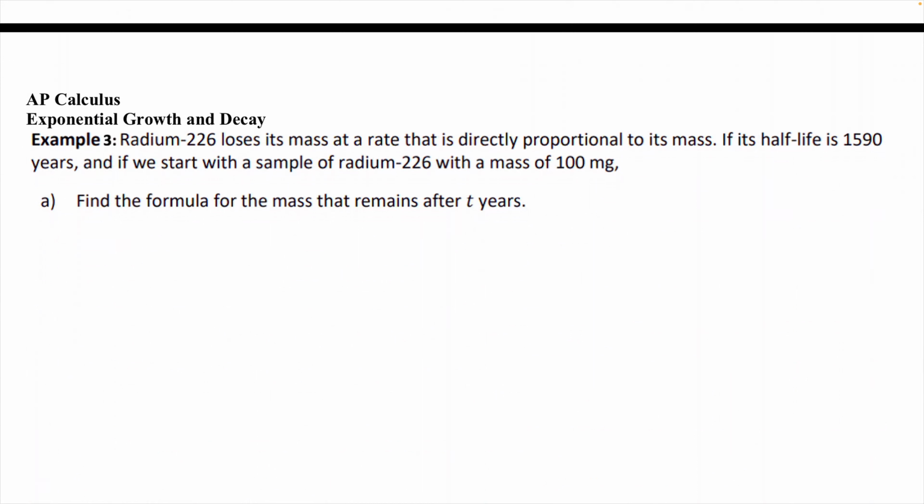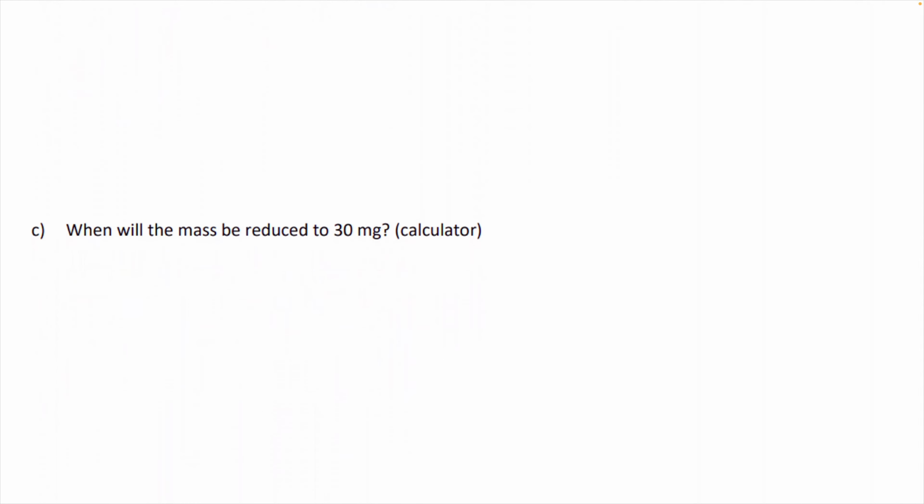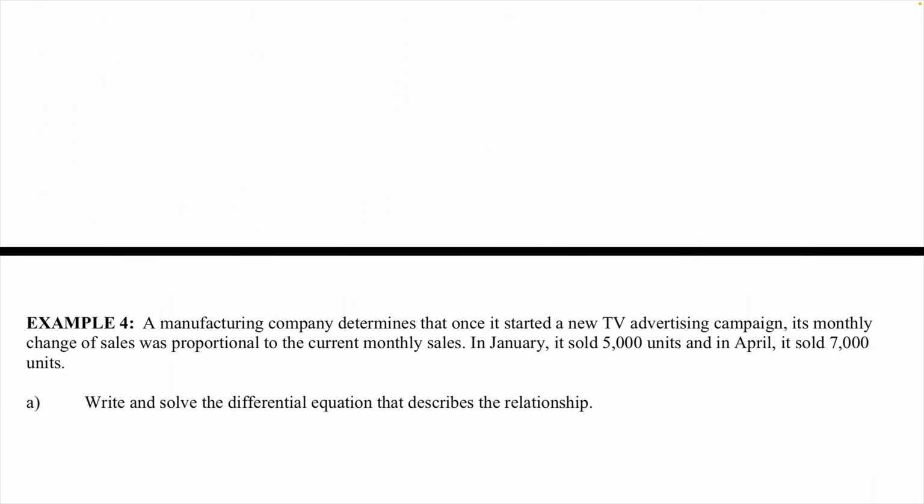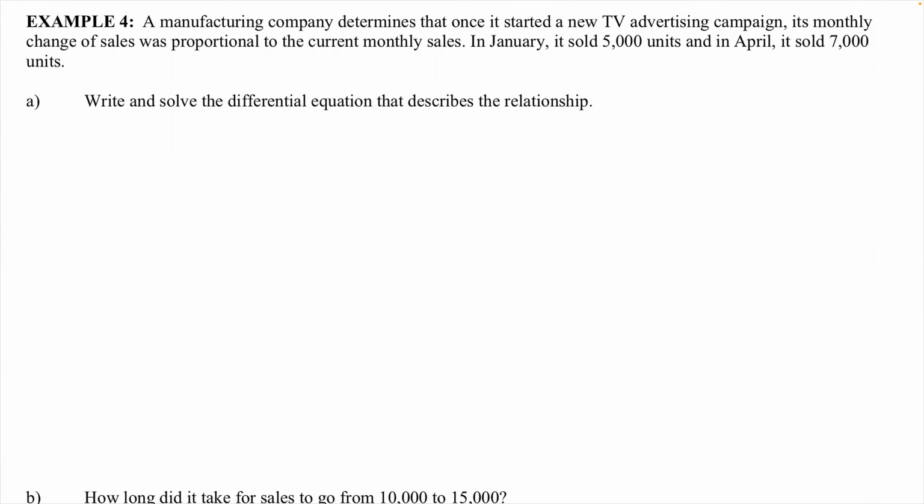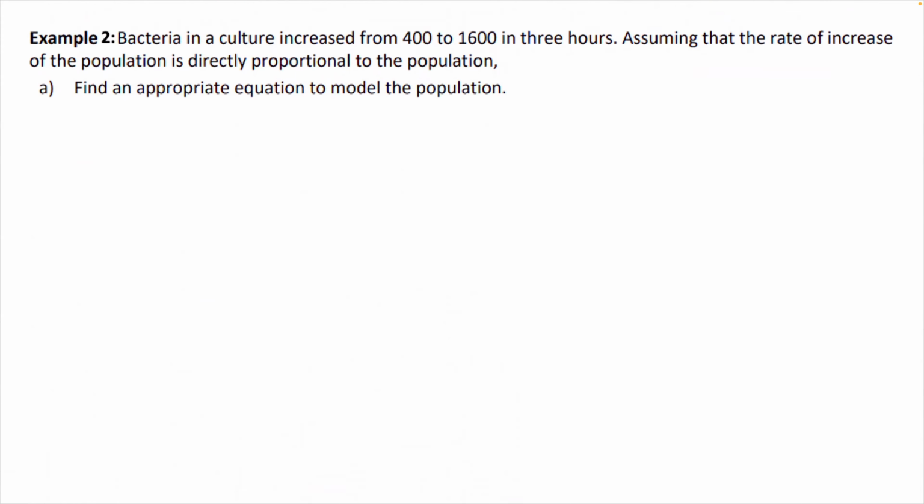Radium 226 is an element. Okay, it's on the table of elements. And then you talk about manufacturing companies selling TVs and stuff like that. So it's in context. It has a background. That's what I mean by that.